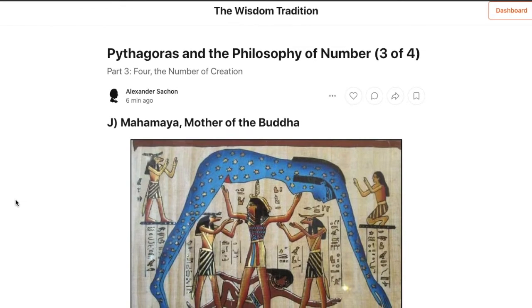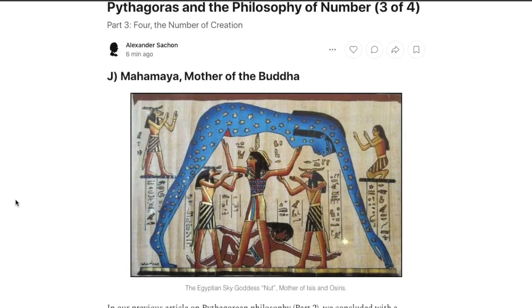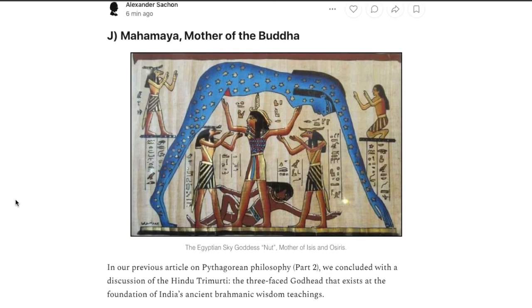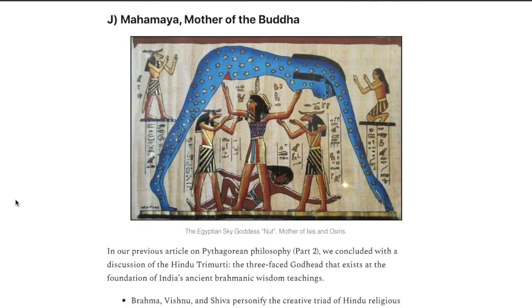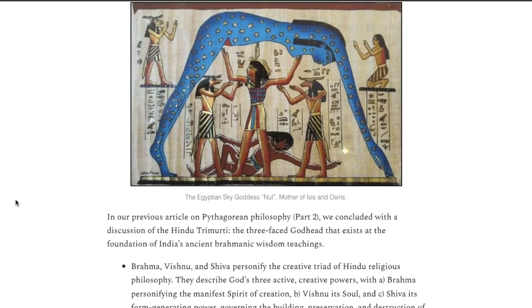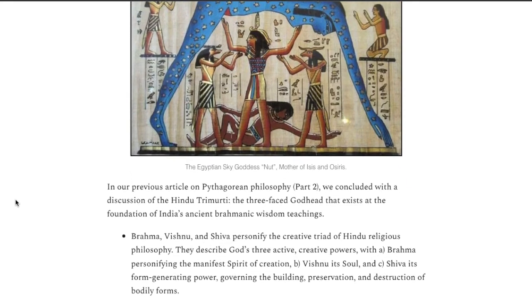I'm not sure how it's pronounced, but that's my analogue to the Mahamaya concept that I'm going to be breaking down here. Again, if you want to go more into this, I have that previous lecture on Manly Hall's discussion of the Mahamaya principle. But let me pick up now.